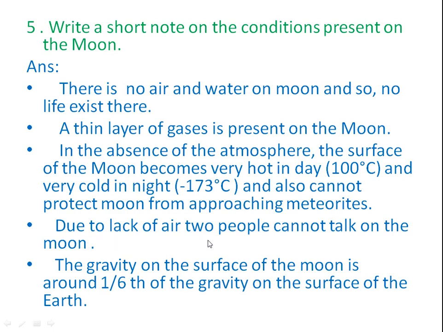Due to lack of air, two people cannot talk on the moon. The gravity on the surface of the moon is around 1/6 of the gravity on the surface of the earth. These are the conditions present on the moon.